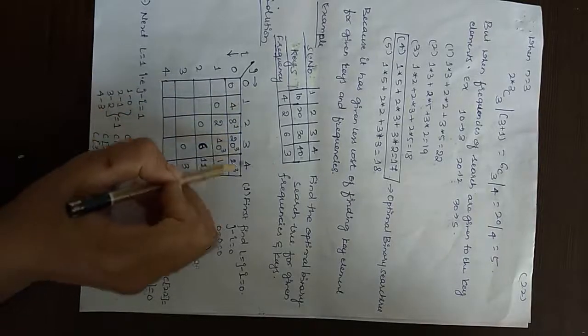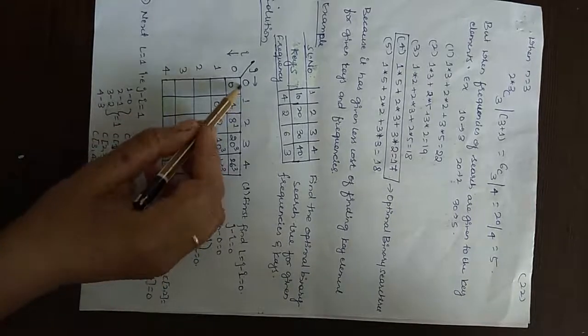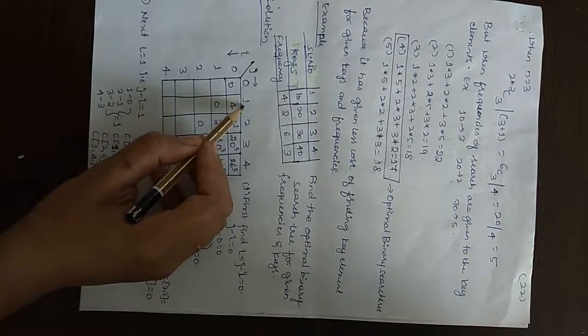Then we go on considering 0 keys, 1 key, 2 keys, 3 keys and 4 keys. If we are considering 0 keys, what will be the cost? If we are considering only 1 key, what is the cost? Like that we are going to find out. I have filled this table after solving the complete sum.